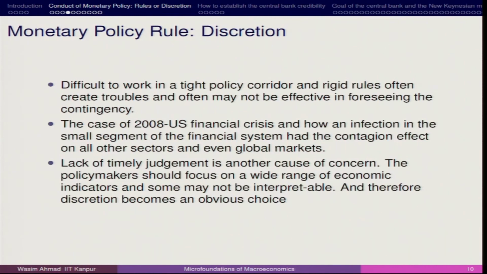In the case of the 2008 US financial crisis, it was found that a small segment of the financial system had a strong contagion effect on other sectors. Lack of timely judgment also matters, in how we address the situation.